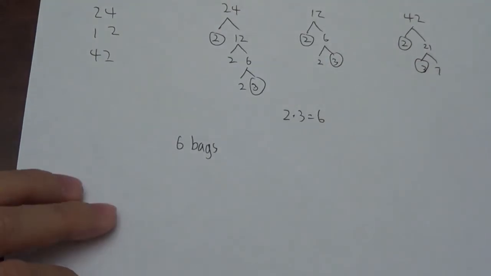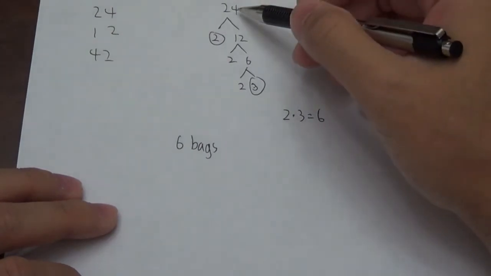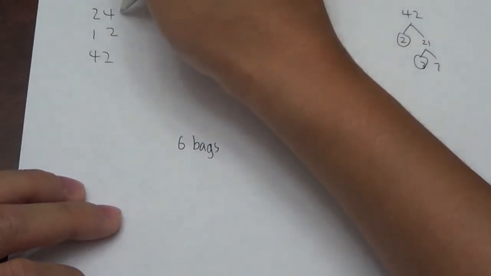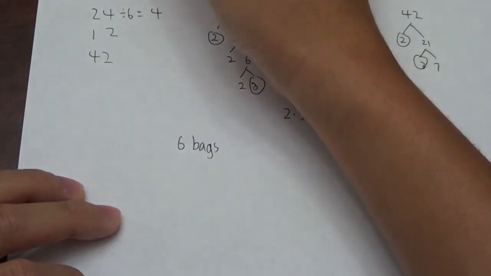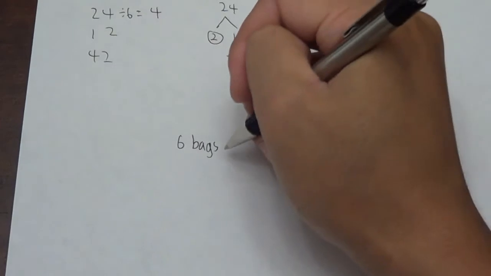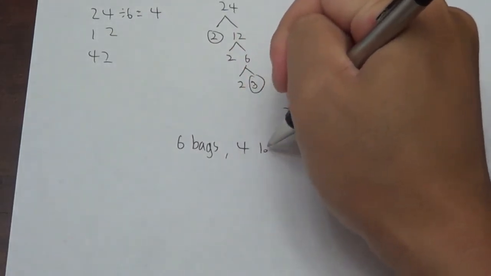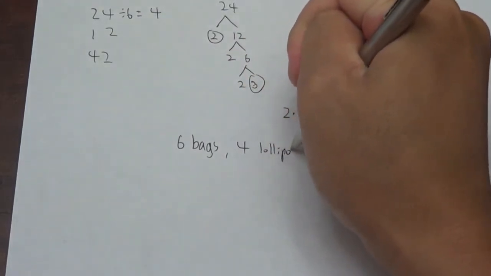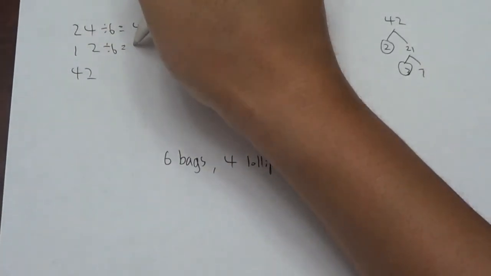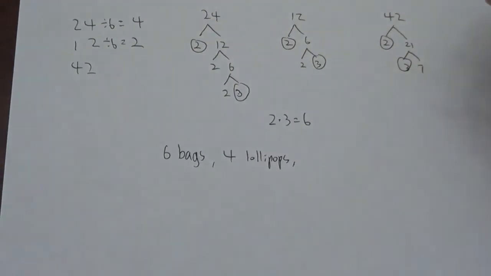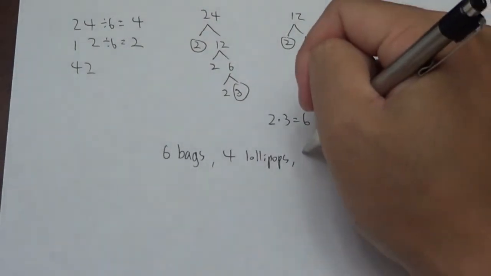Okay, and now the second part, I need to find out how many candy are in each bag. So 24, if I divide that by 6, that'll give me 4. Okay, and then 24 is the lollipop, so we got 4 lollipops. Okay, 12 divided by 6 means each bag will have 2, and 12 is the candy bars.